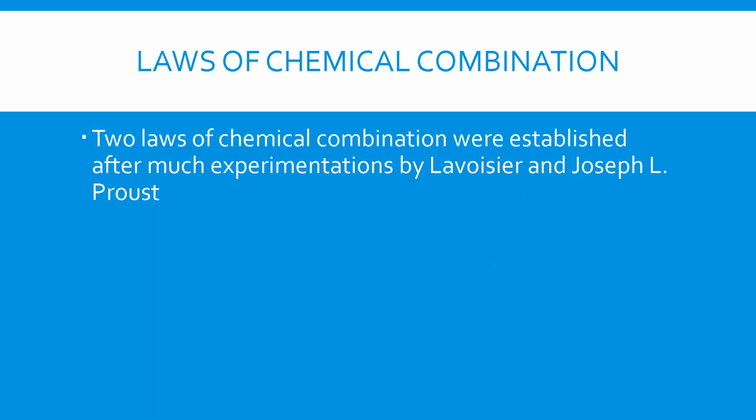Antoine L. Lavoisier laid the foundation of chemical sciences by establishing two important laws, which are known as the laws of chemical combination. To prove these laws, he did an activity. He had taken a combination of two chemicals.